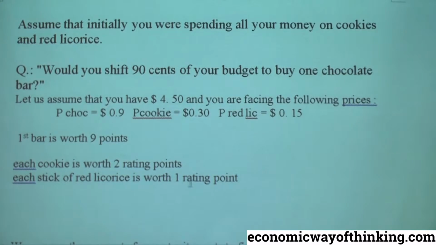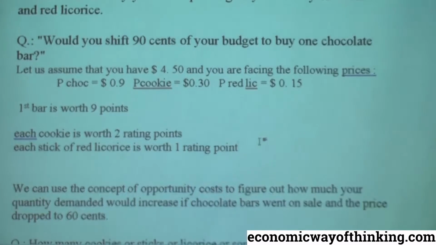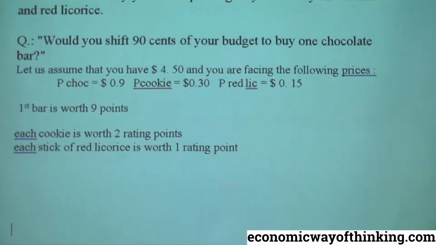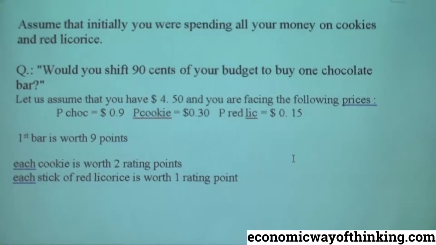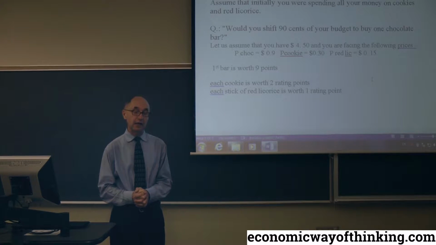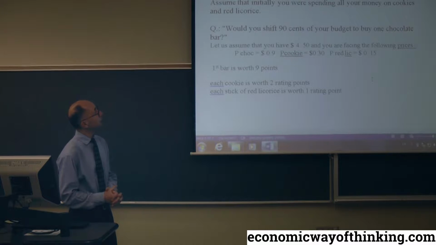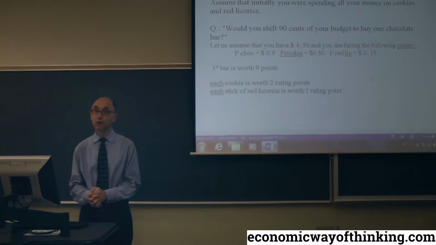So this is our initial information. Based on our discussion from the last chapter that the amount of goods you will be buying depends on how many other things you have to give up, we're asking the question, would you shift 90 cents of your budget to buy 1 chocolate bar?